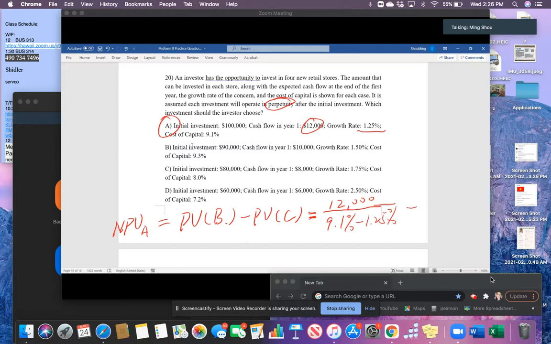The present value for our cost is simple. It's simply the initial amount, $100,000, right? By doing that, you can calculate the net present value for project A, which would equal 52,866. Okay, so this is the NPV for project A.